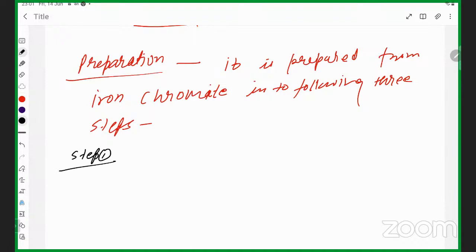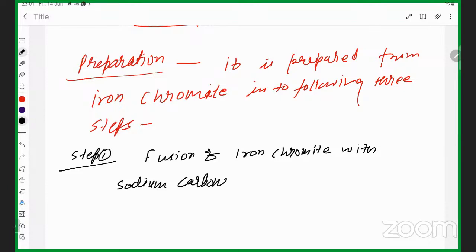Step number 1: fusion of iron chromite with sodium carbonate in air to give sodium dichromate.